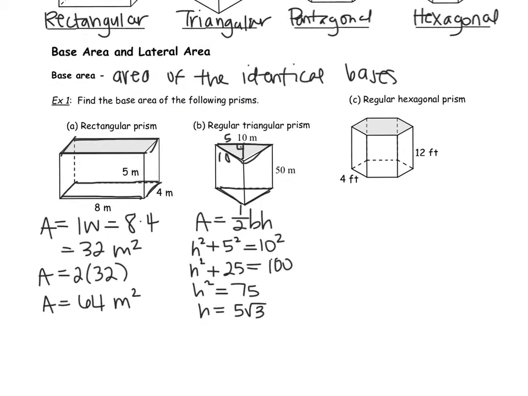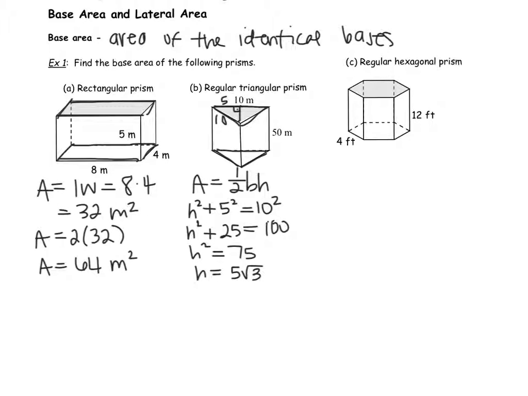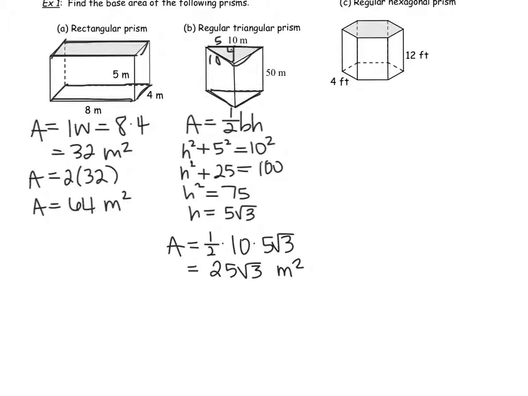We now have enough information to find the area of one of our bases. The area is going to be 1/2 times our base 10 times our height 5 square root 3. So when we do 1/2 times 10 times 5, we get 25, and then our square root 3, and the units are meters squared. But because, again, we have two triangular bases, we have to multiply this by 2.